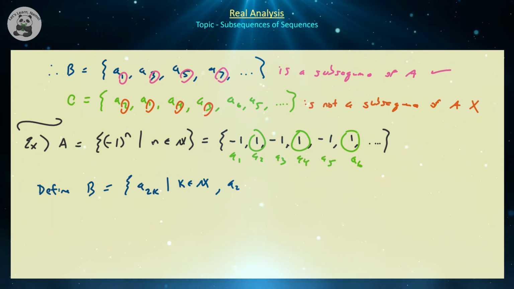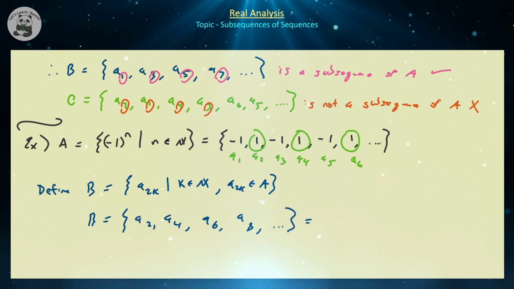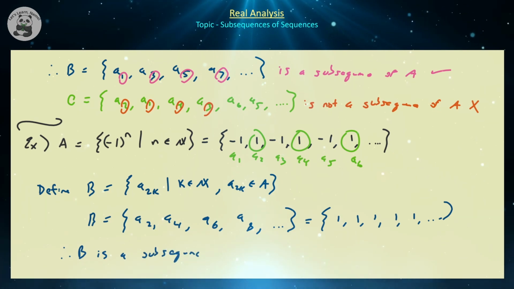Here, obviously, A2k must be an element of the sequence A. If we list these values out, B is equal to A2, A4, A6, A8, and so on, which, listed explicitly, is 1, 1, 1, 1, and so on. So is this a subsequence of A? Yes, indeed it is. This is a subsequence of that alternating sequence (-1)^n.